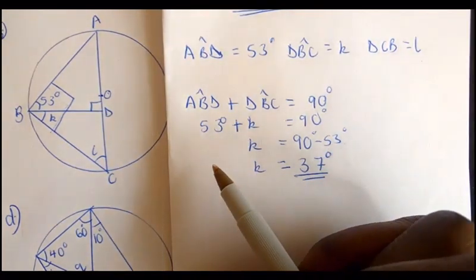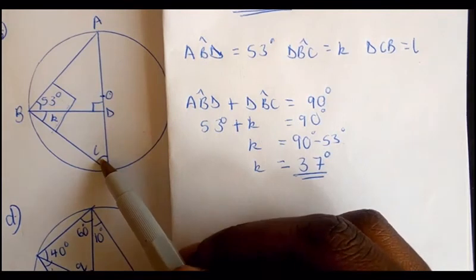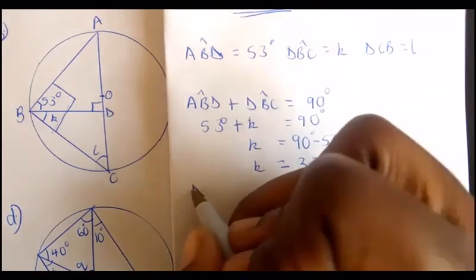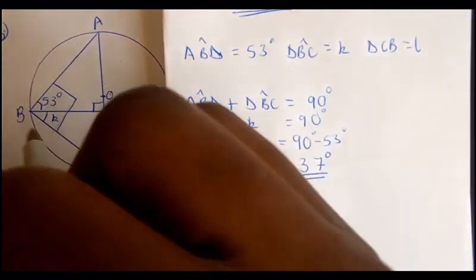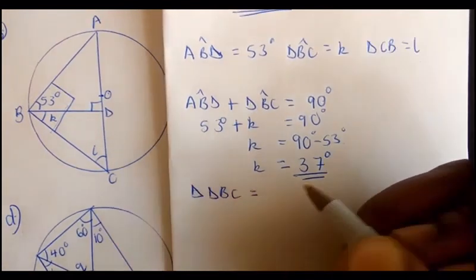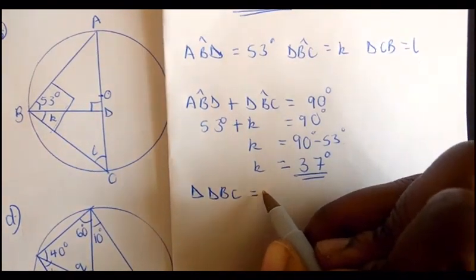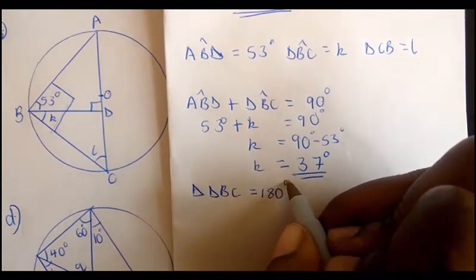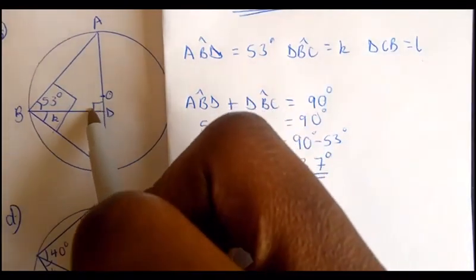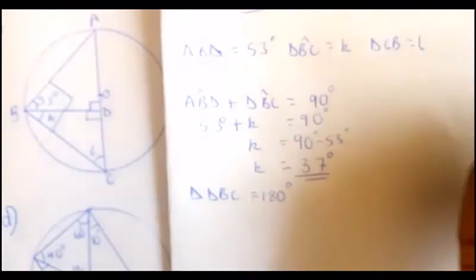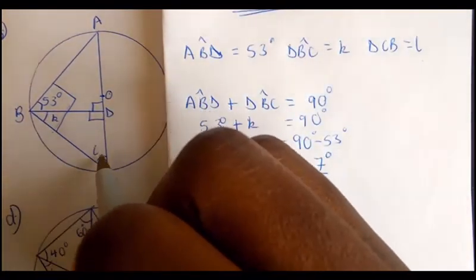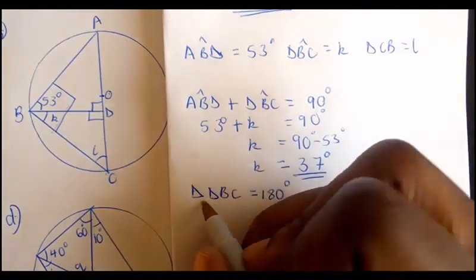Then we are now only left with angle L. And if we look at this, we have a triangle DBC like this. DBC is a triangle, and angles in a triangle add up to 180 degrees. Also, looking at this, it is a straight line, and this being a right angle, it means this is a right angle. So this angle plus K and L add up to 180 degrees.